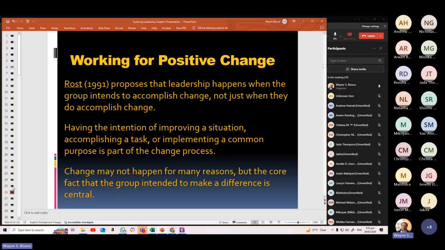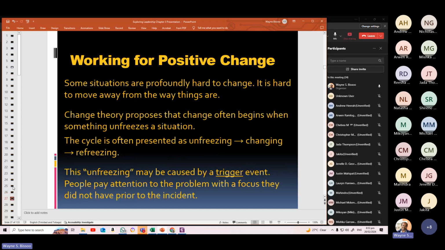We are not trying to just change things for change's sake. We have evaluated what's taking place, and we are making these changes for the betterment of everybody, within reason, of course. Now, some situations are profoundly hard to change. It's hard to move away from the way things are.